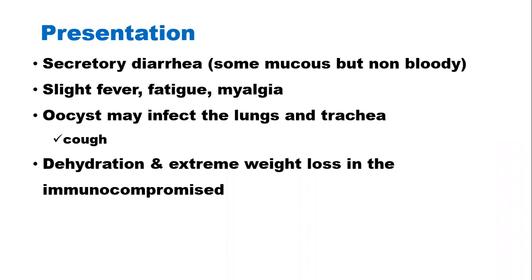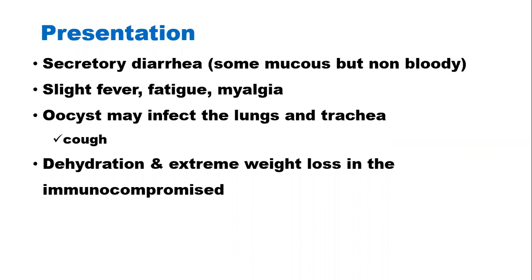How does the patient present? Remember that the brush border has some enzyme functions, digestion of complex carbohydrates and things like that, as well as some degree of absorptive function. So when you have a functional impairment due to the fact that this organism is replicating at this site, you have a form of secretory diarrhea as well as some degree of osmotic diarrhea.